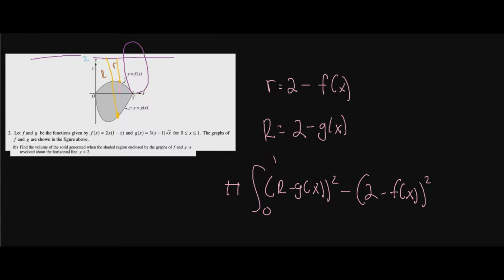Now all we have to do is put an extra set of parentheses here, dx, plug it into our calculators, and then we're in business. In our calculators, we're doing 2 minus y2 squared subtracted by 2 minus y1 squared, parentheses around that.